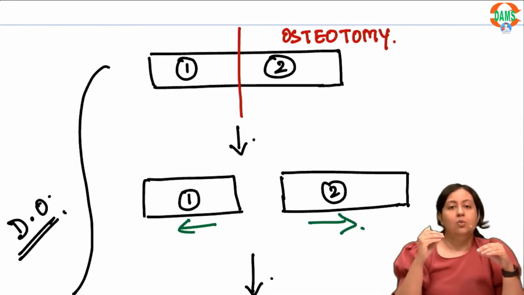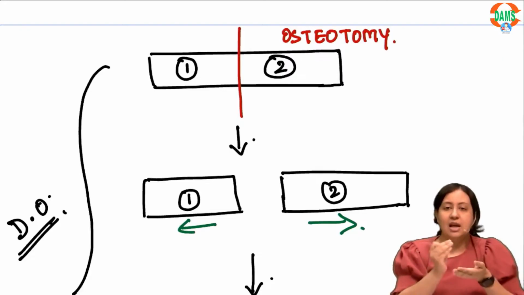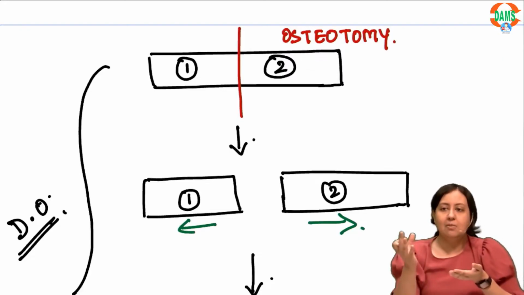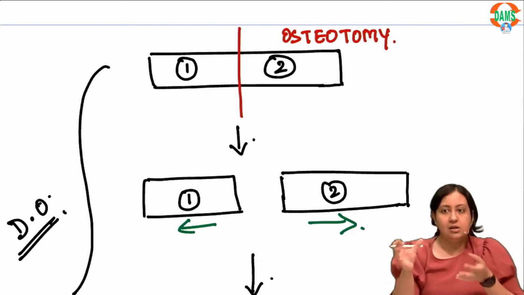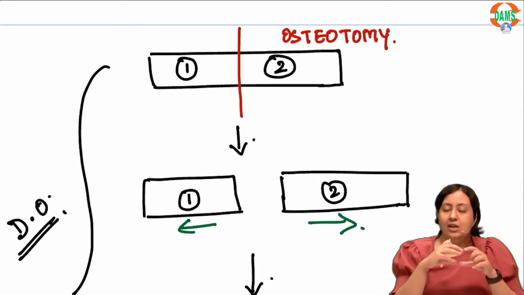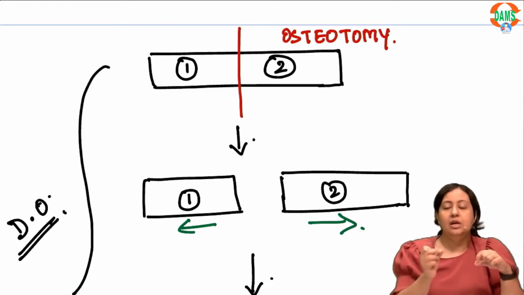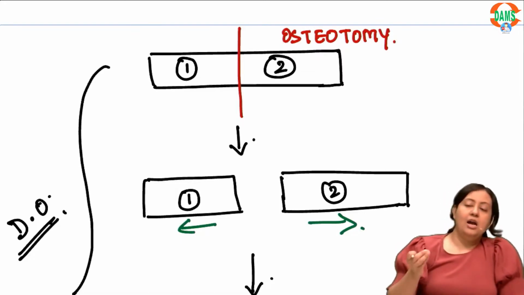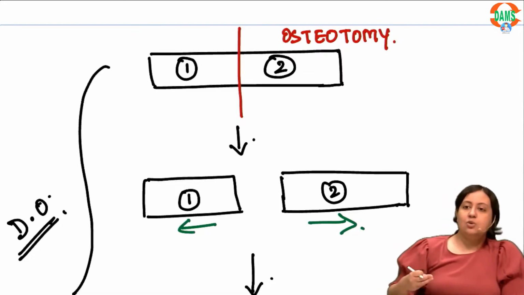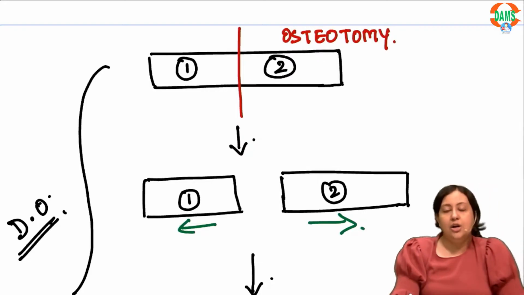Okay, what is actually done in the distraction process is, every day you pull them apart little by little. How much you pull them apart every day we'll discuss later, but you pull them apart little by little. So when you create this gap, in that gap fibrous callus formation takes place, and which ultimately calcifies or mineralizes into strong mature woven bone.